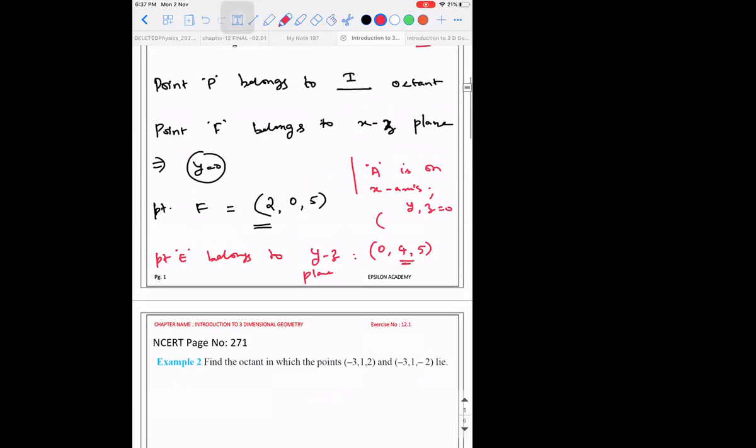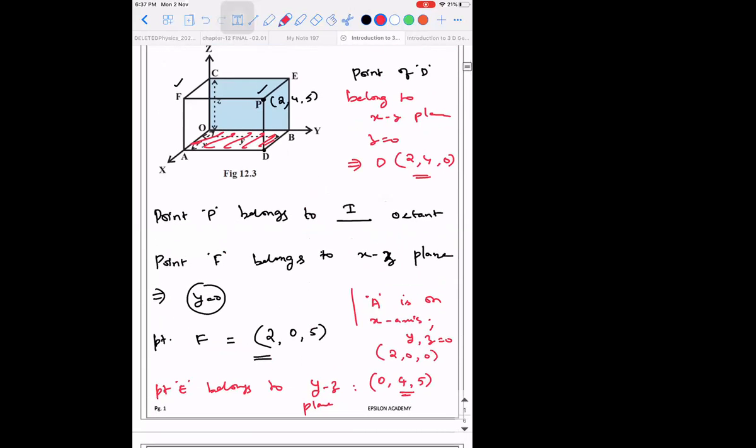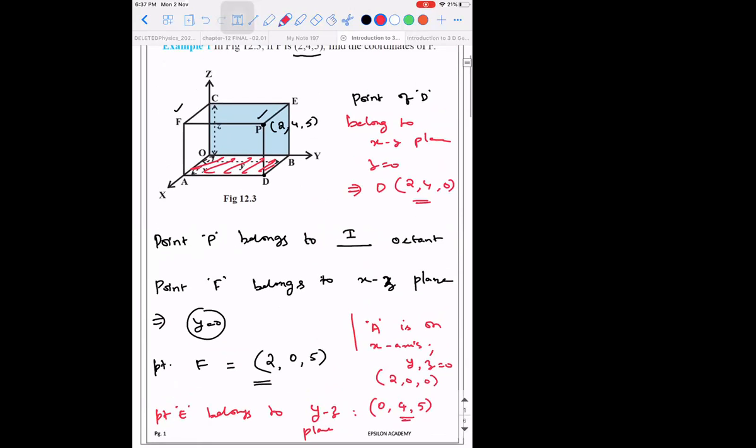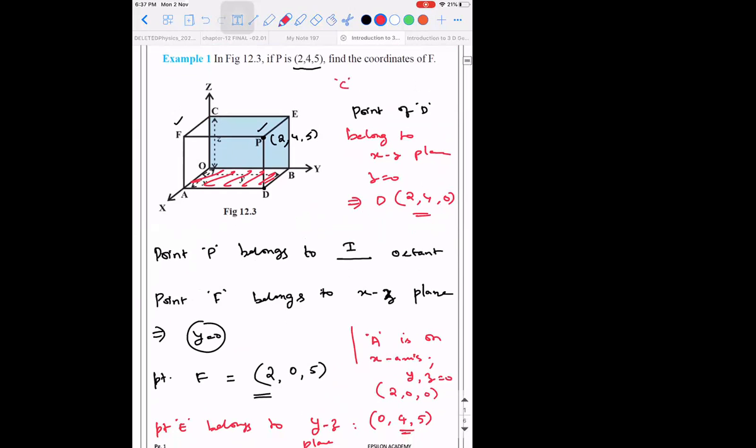Coordinate is 2 comma 0 comma 0. Guys, is there anyone having a doubt on this? This is the whole basic. I've just extended the question and explained it. What about point C? C belongs to which axis? Z axis. So what is the answer? 0 comma 0 comma 5. That's it.